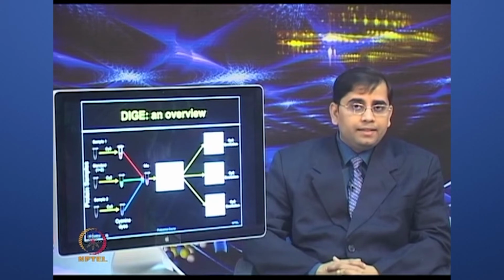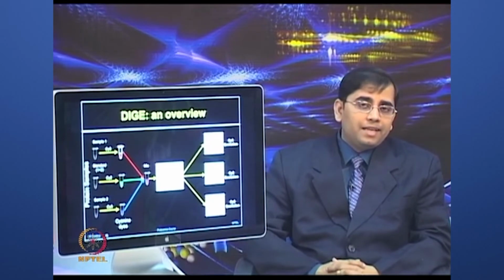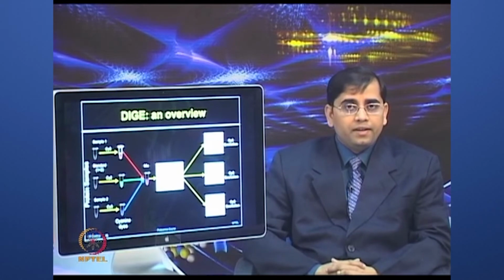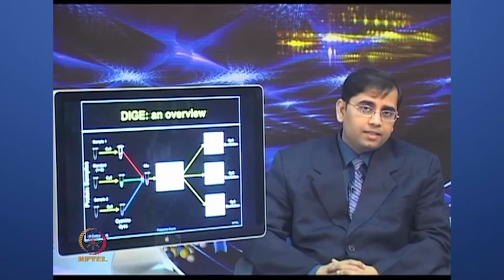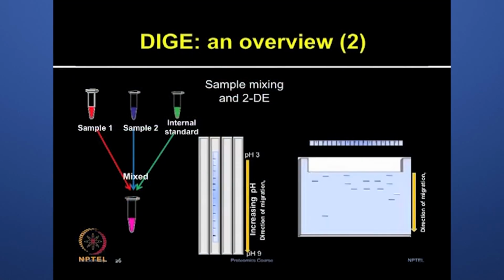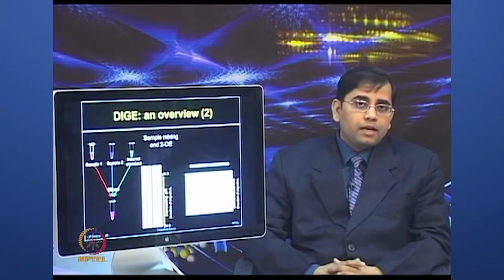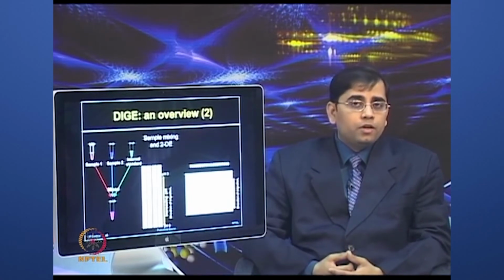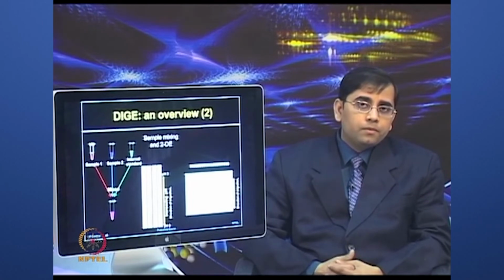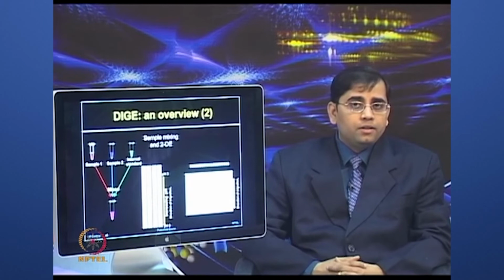All this protein mixture is separated in the first dimension on the same strip, and then the same gel can be scanned with 3 different wavelengths to obtain the images for Cy2, Cy3 and Cy5. In conventional two-dimensional electrophoresis, the gel to gel variations which come from the acrylamide polymerization, electrical, pH and thermal fluctuations in different gels can be overcome in DIGE, because all the protein separation is going to happen on the same gel.